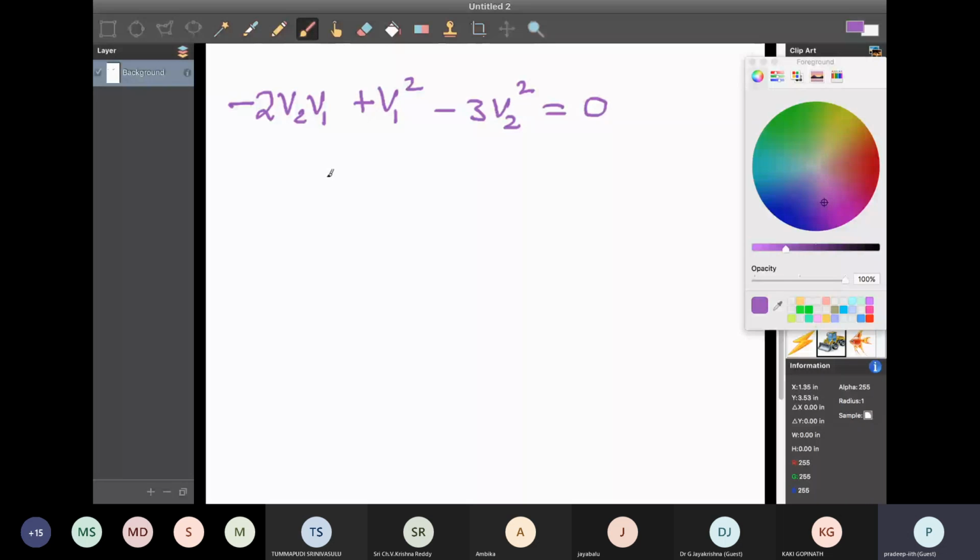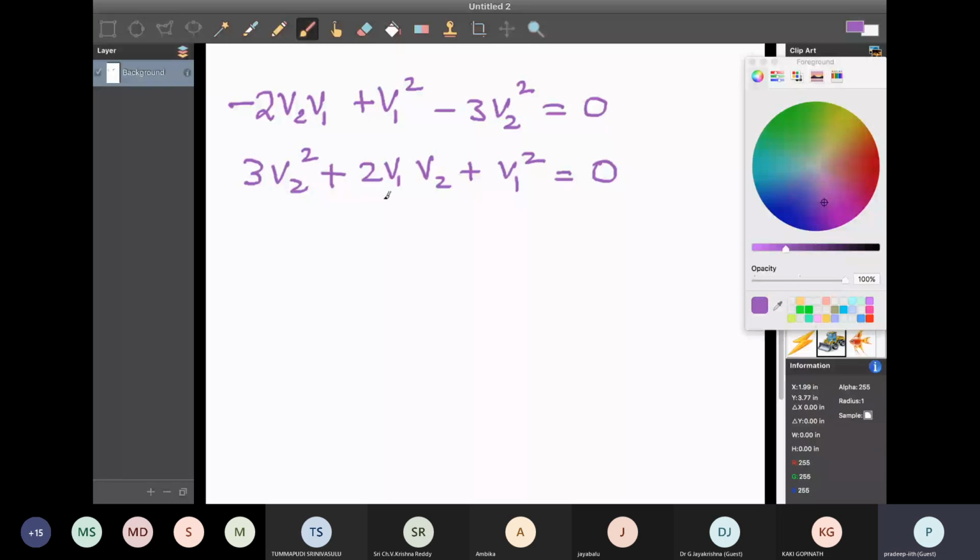Okay, so again, apologies for all this mathematics. It is interesting. I'll just multiply by this thing, 3V2 square plus 2V1 into V2 plus V1 square equal to 0.